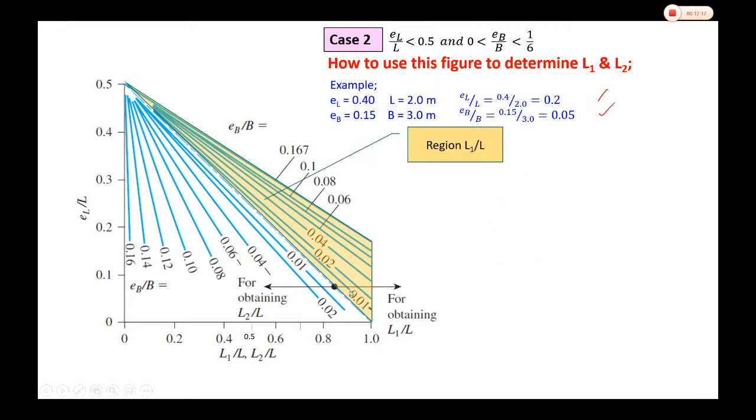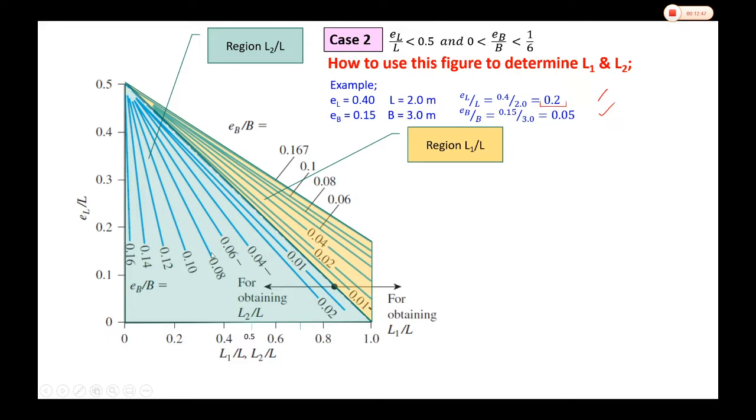The black point here, with the arrow to the right side, gives you the region of L1 over L, and the arrow to the left side is the region for the L2 over L ratio.